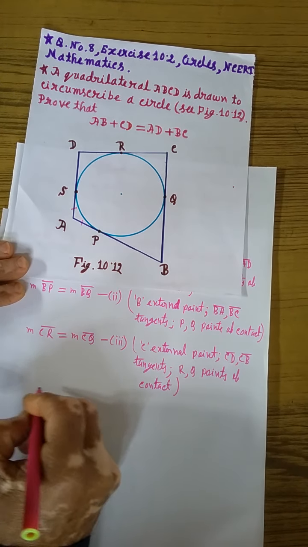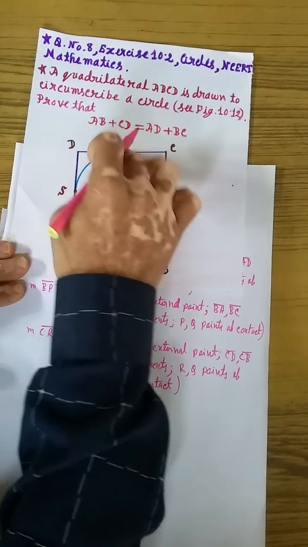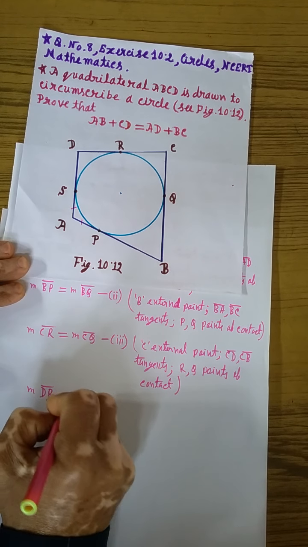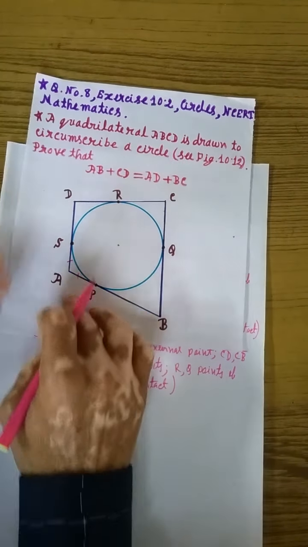After this, write in this way: measure of DR is equal to measure of DS, this one.